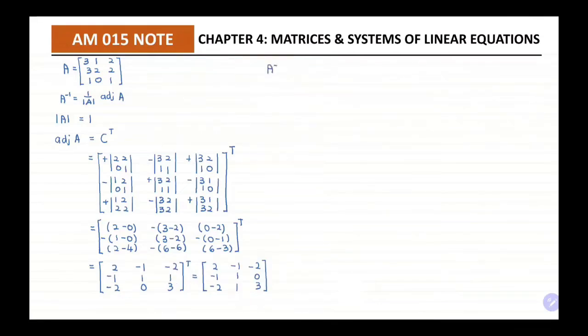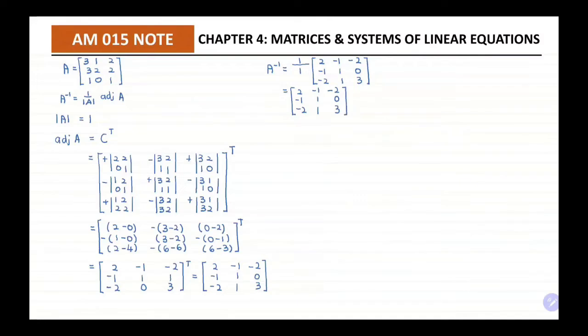A inverse equals to 1 over determinant of A. Our determinant is 1. And adjoint is cofactor transpose. We get 2, negative 1, negative 2, negative 1, 1, 0, negative 2, 1, 3. Then we solve, then we get the answer for the inverse.